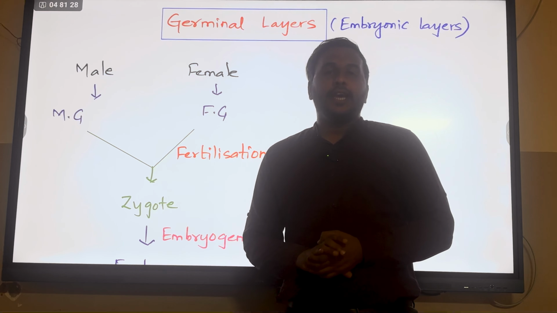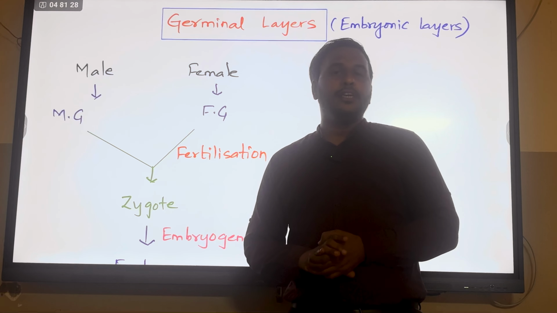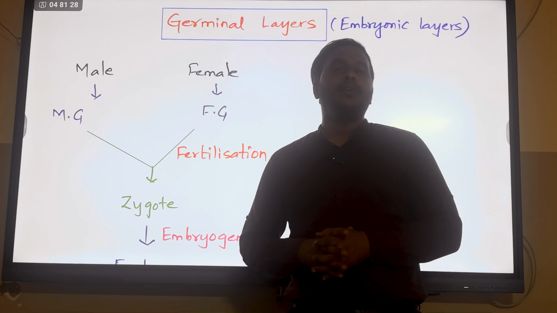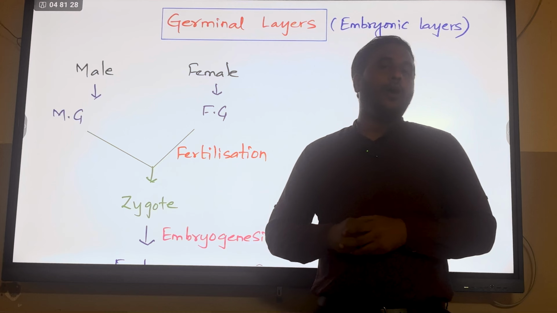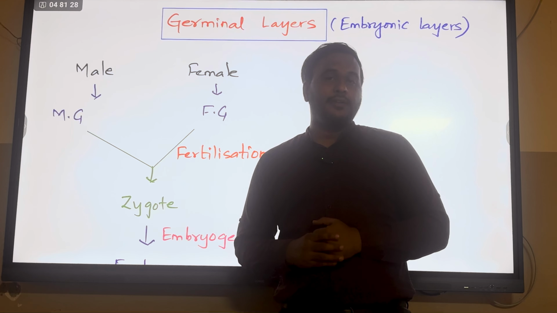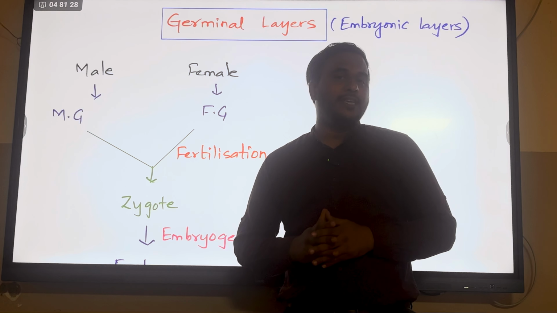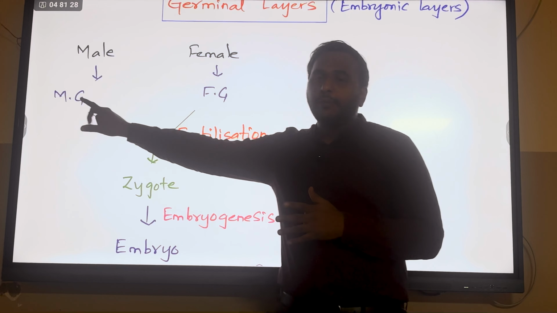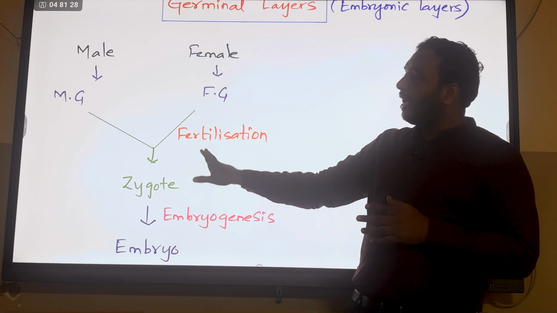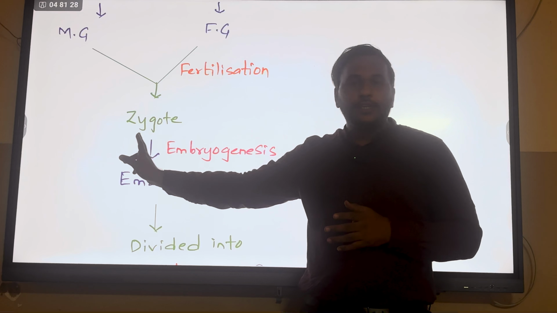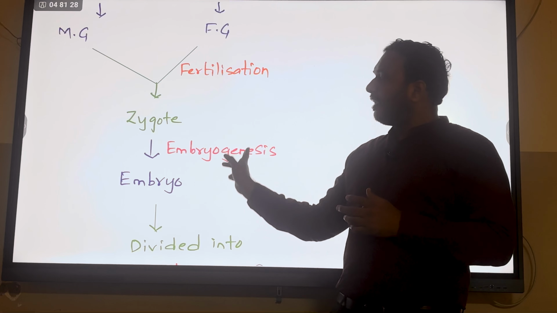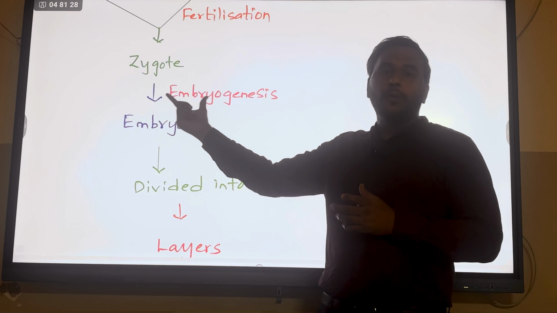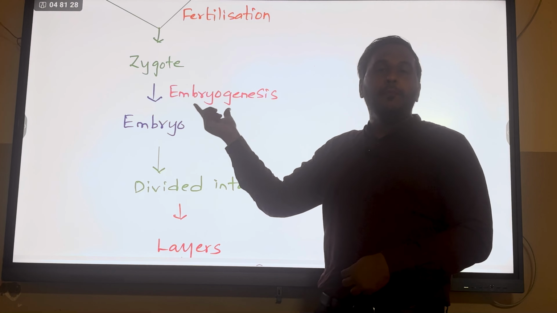So the next criteria based on which the animal kingdom is divided into two categories is germinal layers. We also can call them embryonic layers. Now if you look at the process of sexual reproduction in animals, the male produces male gametes, the female produces female gametes, and if they undergo fertilization, the zygote will be produced, and the zygote will undergo the next process, that is called embryogenesis.